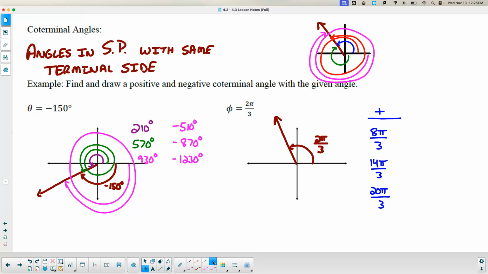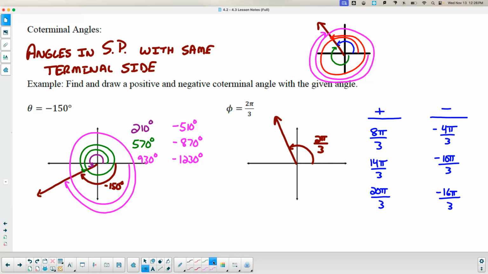In terms of the negatives, I would go with negative 4 pi over 3, negative 10 pi over 3, and negative 16 pi over 3. What am I adding and subtracting each time there? 6 pi over 3, because 6 pi over 3 is 2 pi.